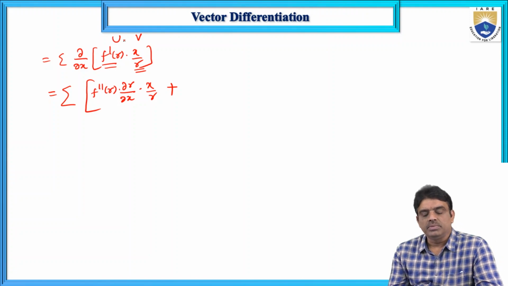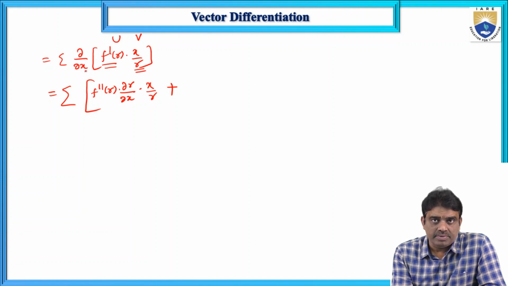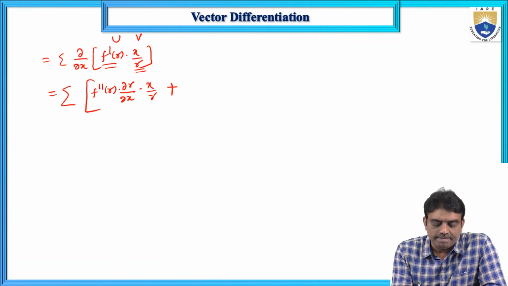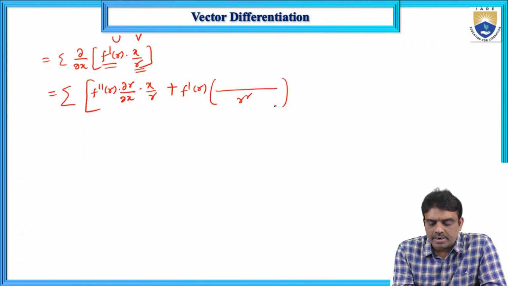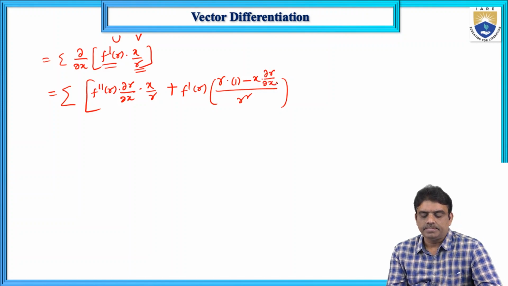Because we are doing partially with respect to x, you will get dou r by dou x also into x by r is fixed. Now f dash of r treat as constant term and differentiate x by r. Again it is u by v form. So r square, r into v into x derivative 1 minus x into r derivative dou r by dou x.